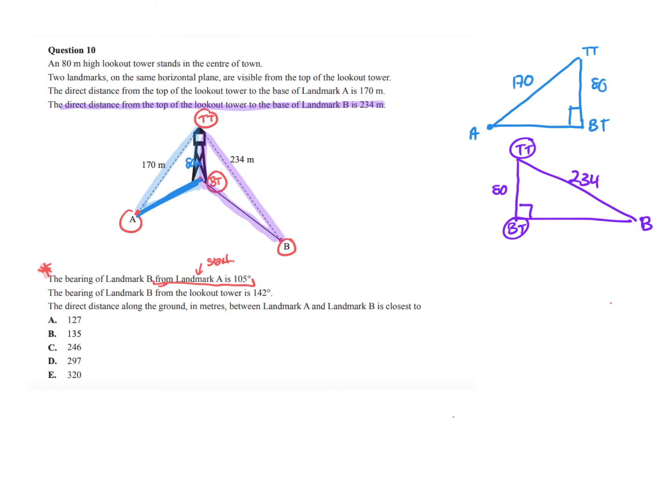If we draw this, I'm going to put A here. And remember, when we do these compass bearings, it's good to put a little compass in. So I've put a little compass in, that's A, and I'm going to work out the next. Now it says B from A, B is 105. So if you think about it, this is 90, so 105 will be out here.